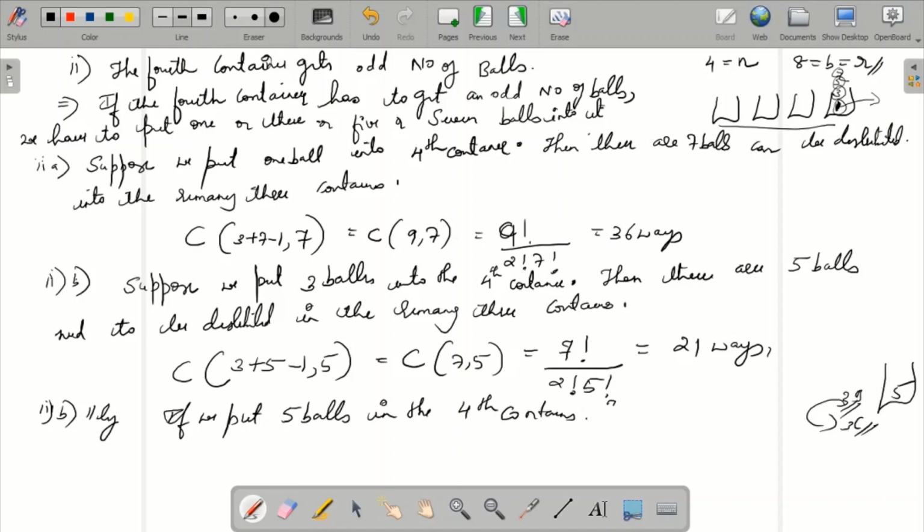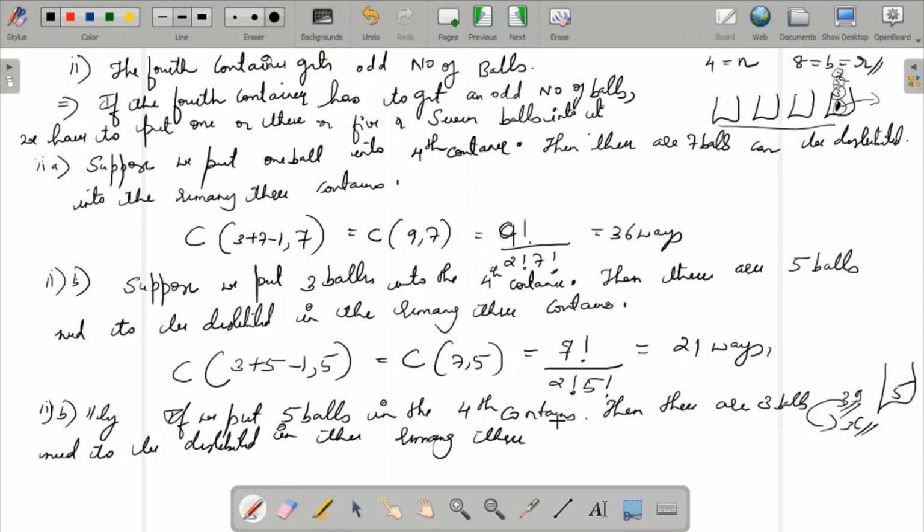So there are 3 balls that need to be distributed in the remaining 3 containers.